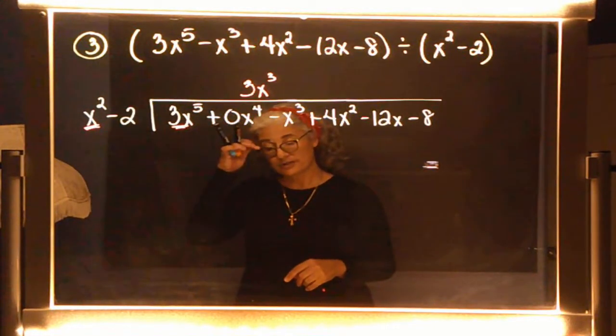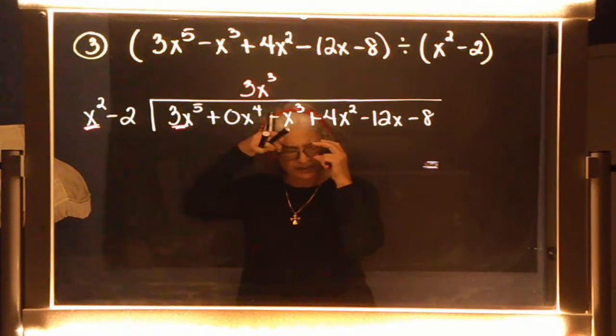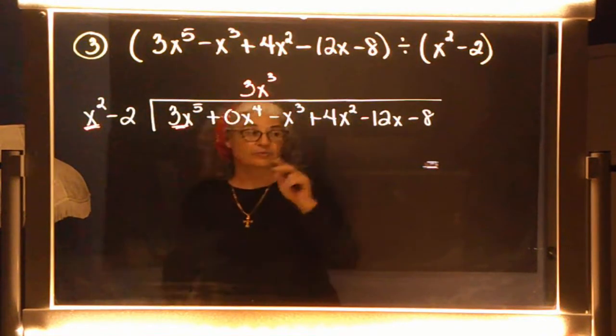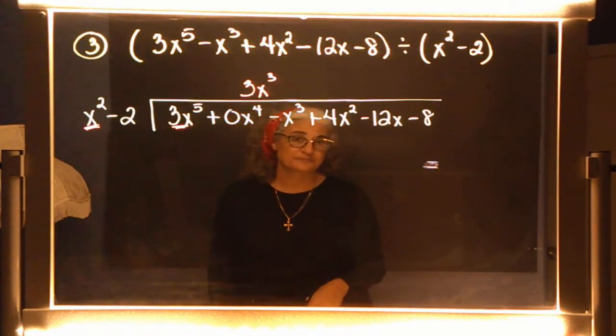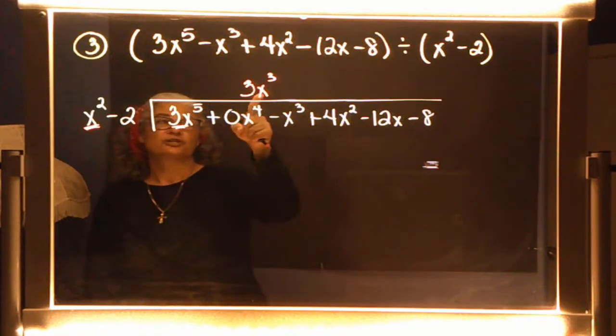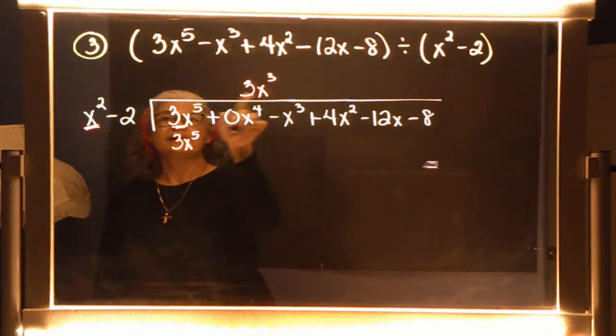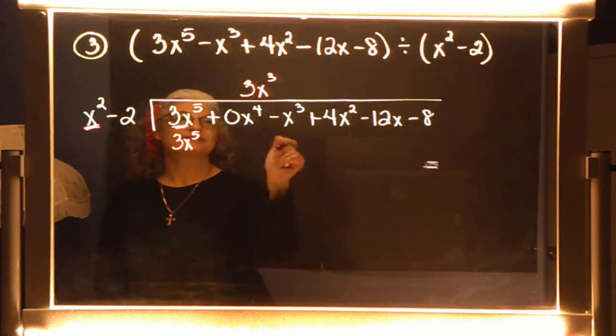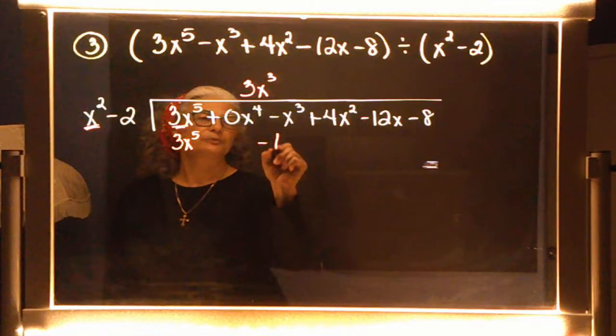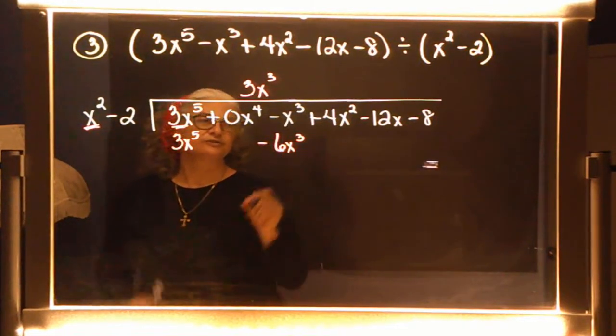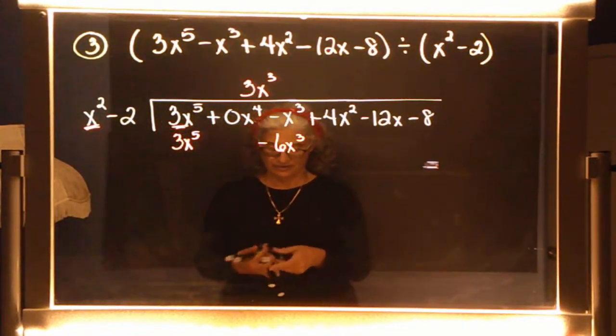So, I'm going to give you guys a few moments to multiply by what's on the outside, because I ran out of board space. Good, so I heard you. You got 3x to the 5th minus 6x cubed, huh? Well, I'm putting that minus 6x cubed under the minus x to the 3rd.